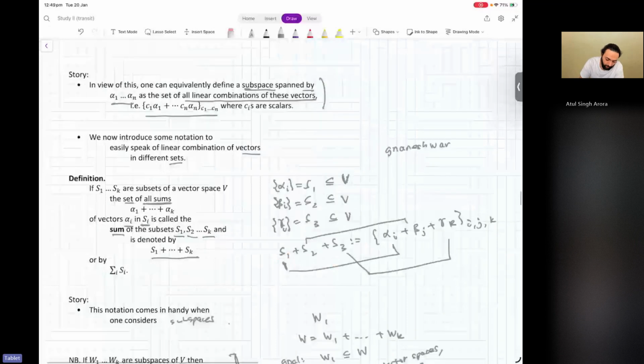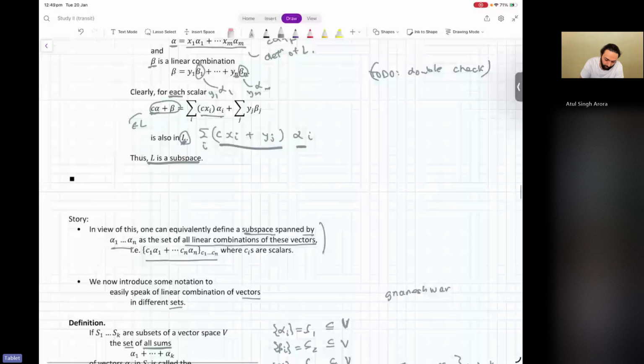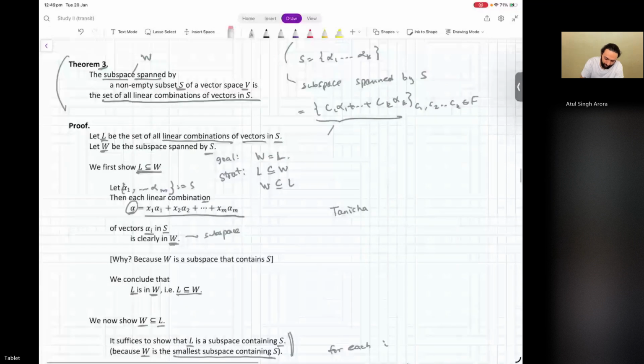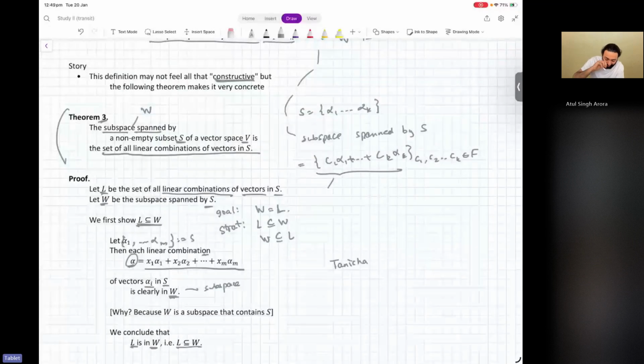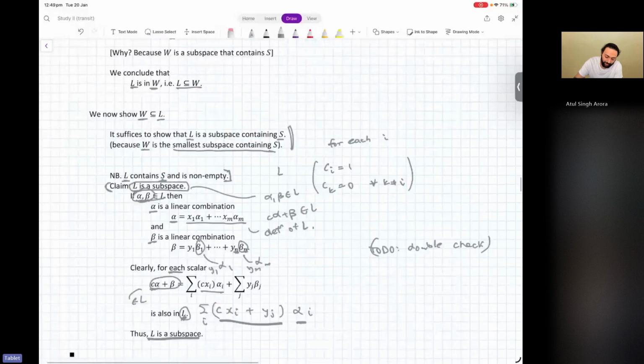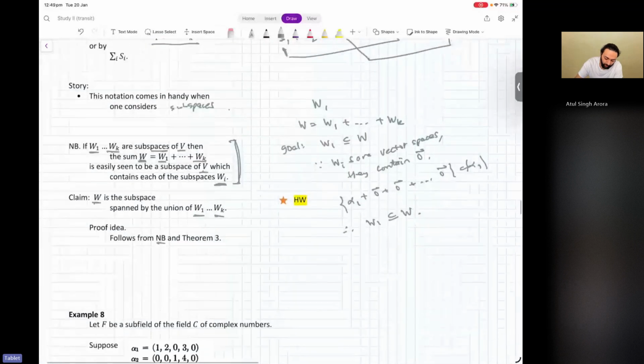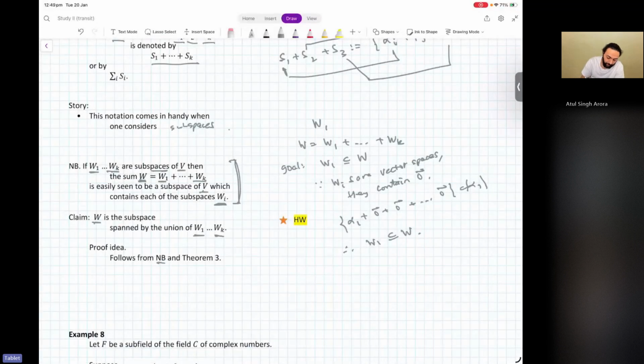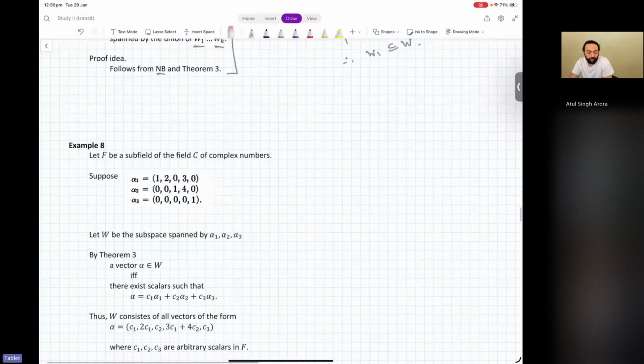And theorem 3 was saying what? That you can take linear combinations, the span. Basically, you're spanning all the vectors, right? That's what the point is. So that's the thing. But I'll leave it as homework to write it down properly.